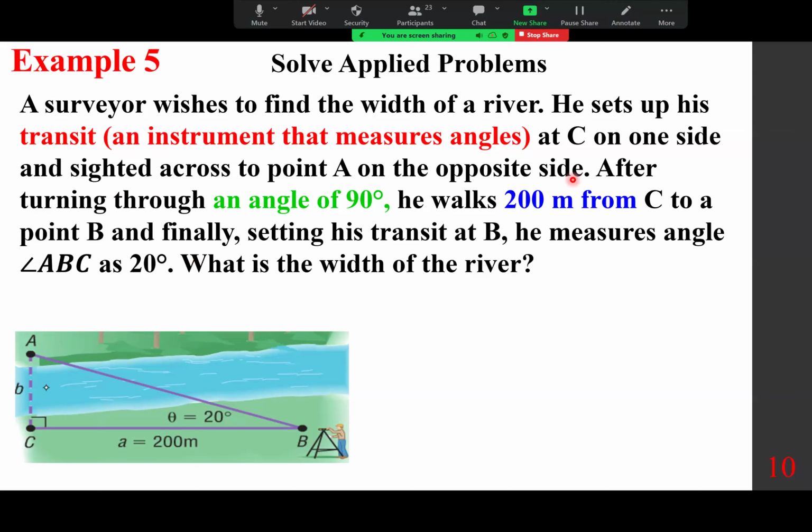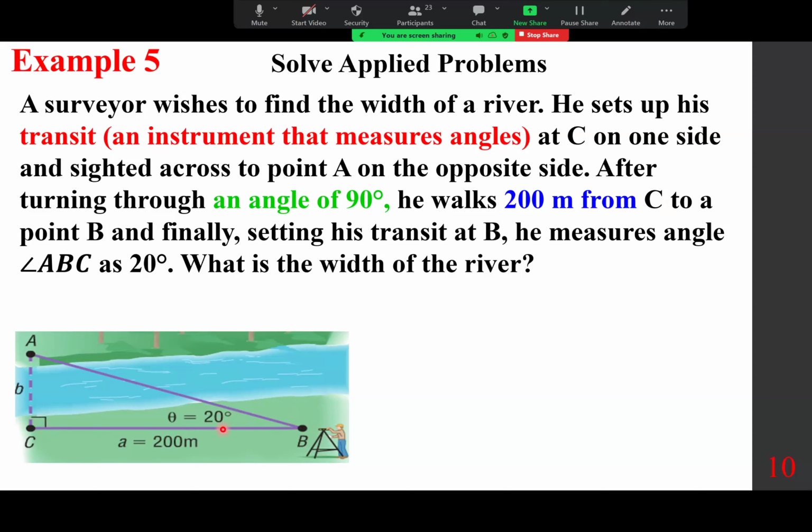After turning through an angle of 90 degrees, he walks 200 meters, this distance of 200 meters from C to a point B. And finally, setting the transit at B, he measures the angle ABC, or theta, to be 20 degrees.